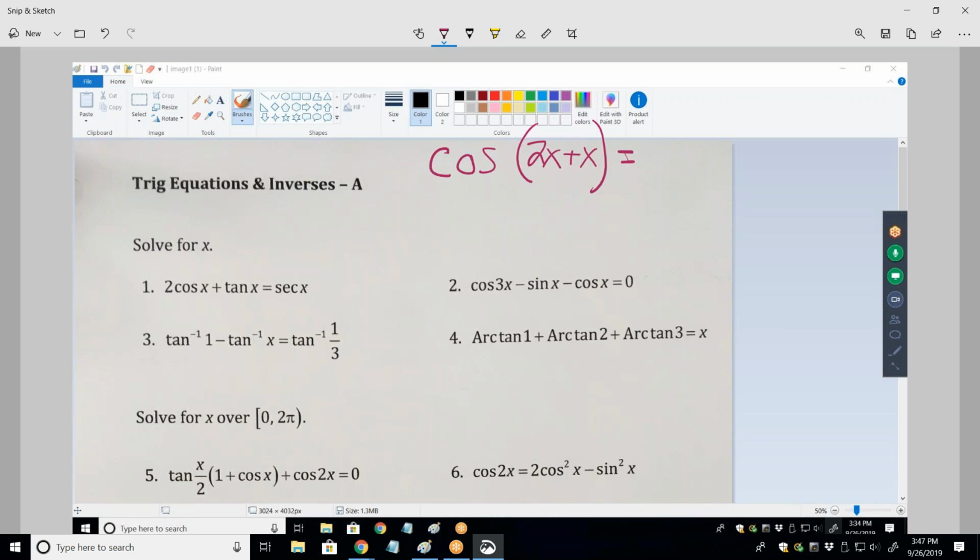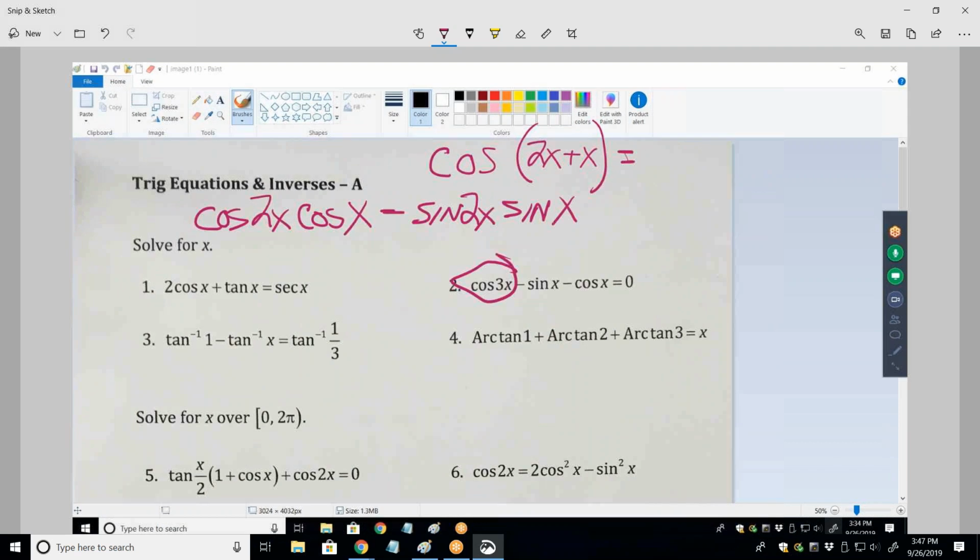So that's the cosine of 2x times... for cosine, it's cosine times cosine, and then sine times sine with the opposite sign. So cosine 2x times cosine x minus sine of 2x sine of x. And that's just that term right there. So we still have this part.